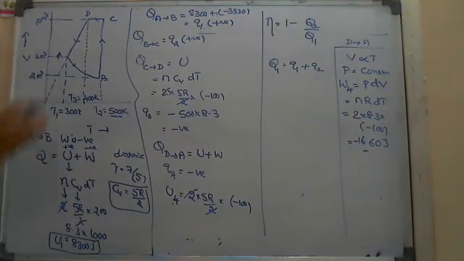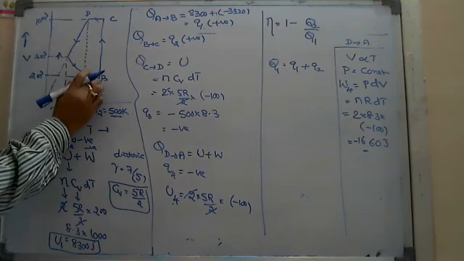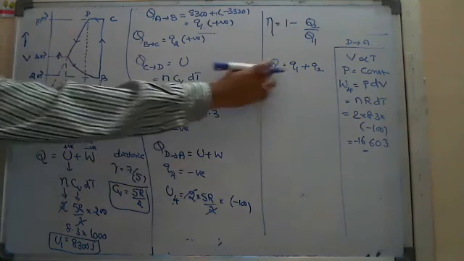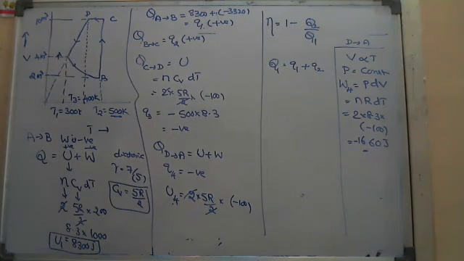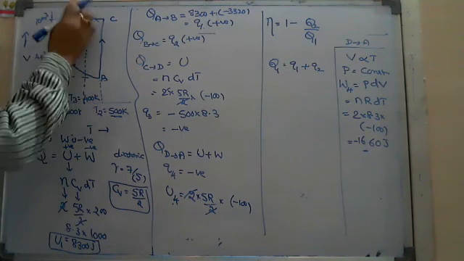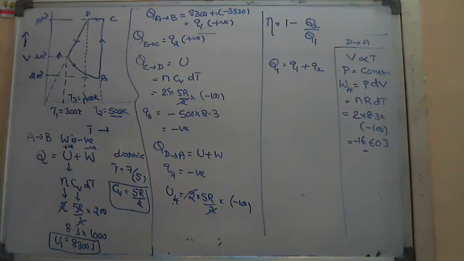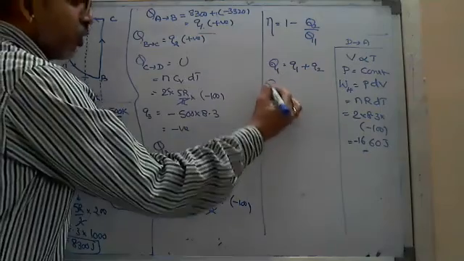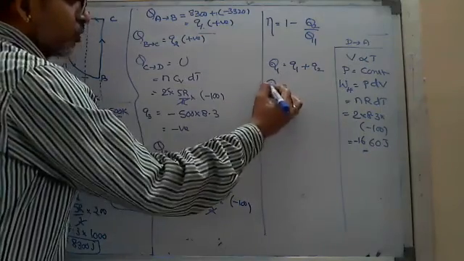If only one is positive, A to B is positive, then Q1 is equal to only Q1. If A to B and D to A are positive, then Q1 plus Q4 equals Q1. Likewise, how many positives are there in the whole process? The total positive heat is Q1. And the total negative heat is Q2.